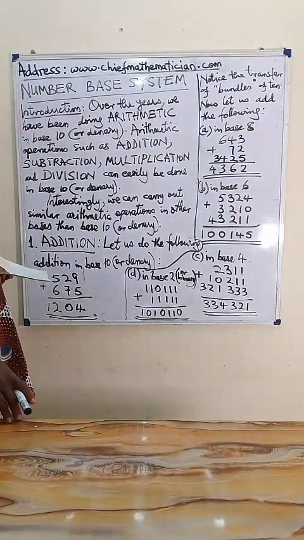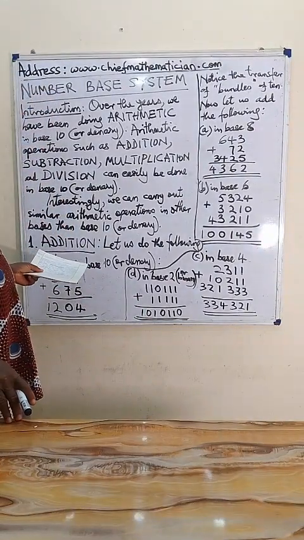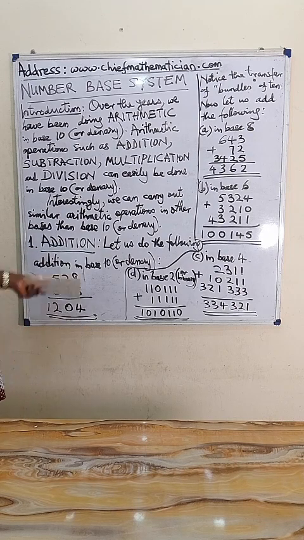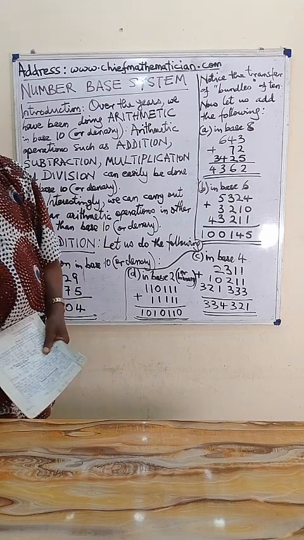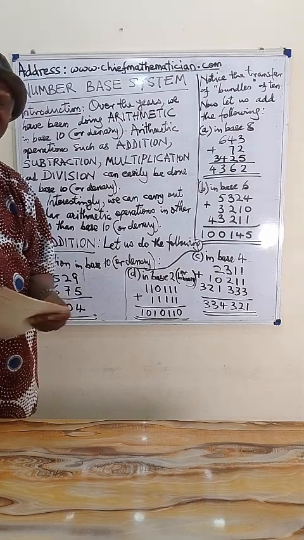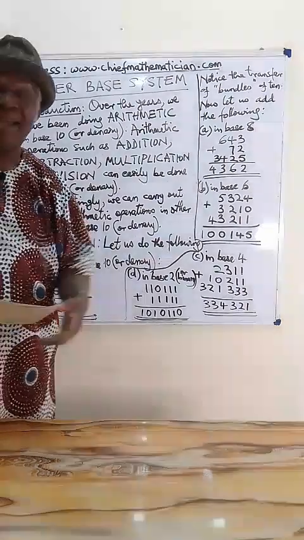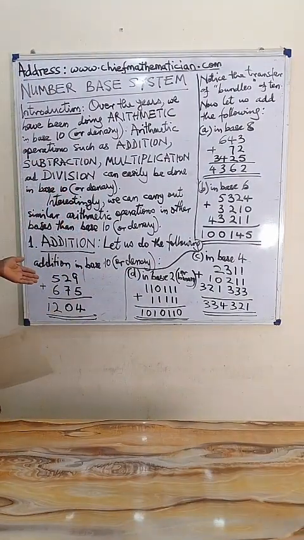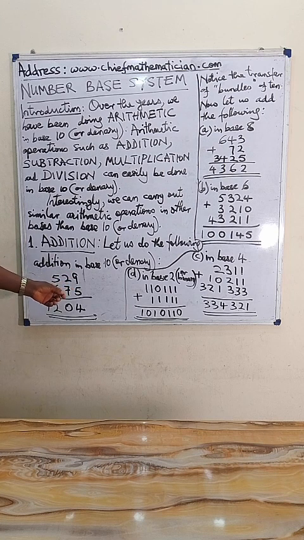But before then, let us do the following addition in base 10 as a way of refreshing our memory. We have to look at how we do it in base 10 before we can extend our ideas to other bases. So we want to add 529 and 675 in base 10. 9 plus 5, 14.